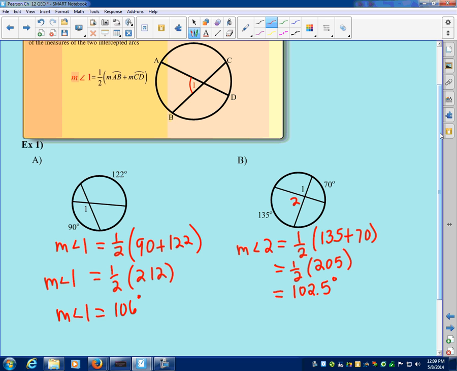So measure of angle 1 equals 180 degrees minus 102.5, because angle 1 and angle 2 are supplementary. And that ends up being what? 77.5 degrees.